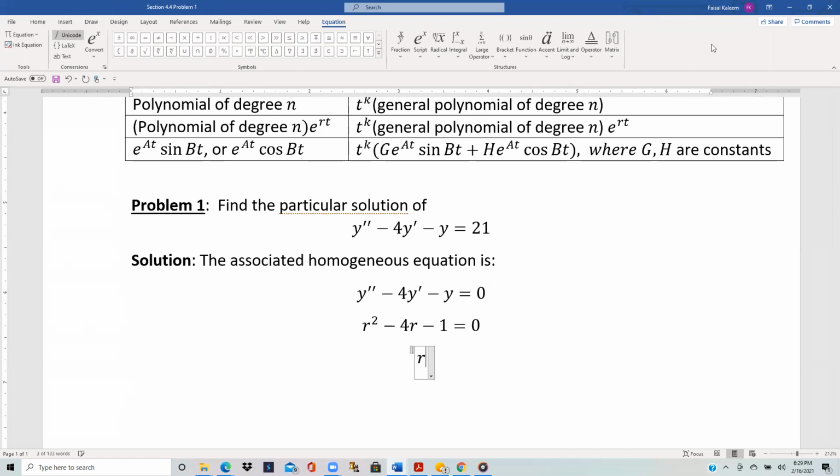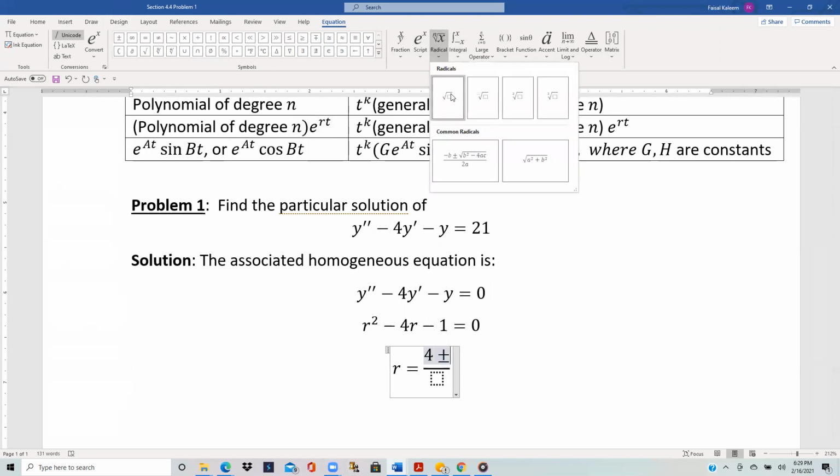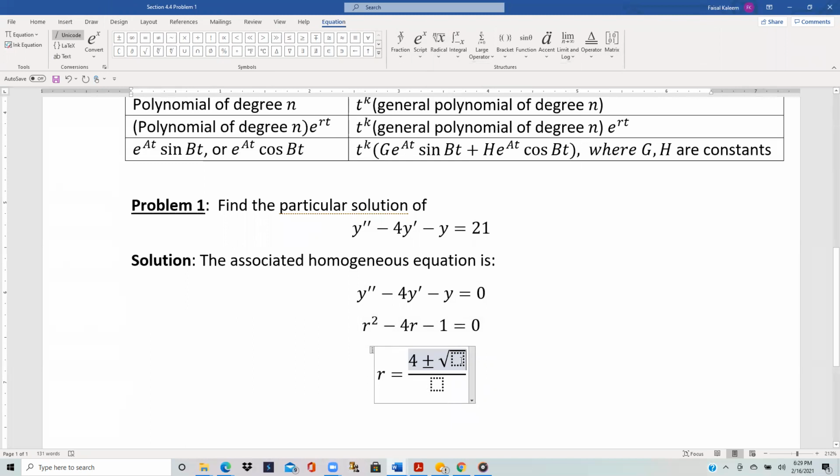So this will give us r is equal to, let's use the quadratic formula. So we'll have 4 plus minus square root. The square would be 16 minus 4 times 1 times 1, so that's just 4. So we already see that 16 minus 4 is 12. So we are getting two distinct roots, 4 plus minus square root 12 by 2.